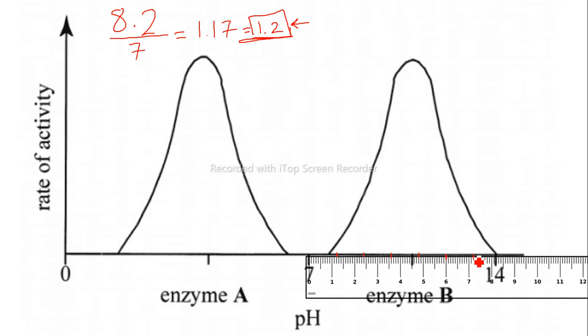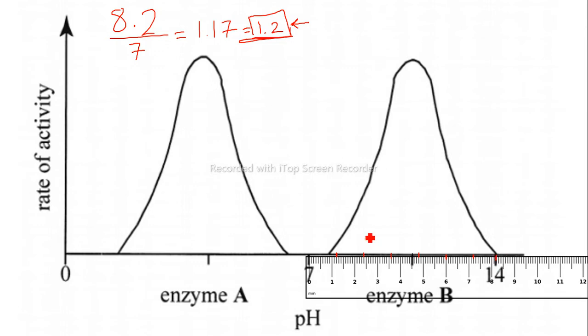Good. And then 7.2 plus 1.2, 8.4. 8.4 would be a little over, but that's fine. Then we'll end it at the 14.